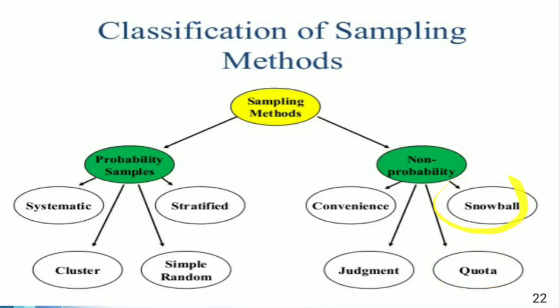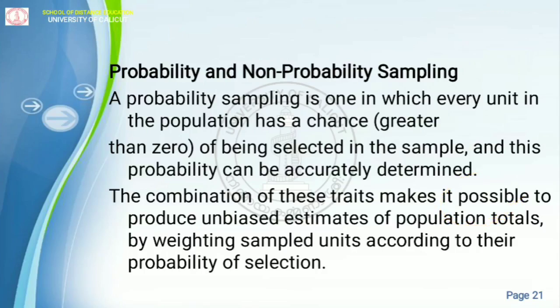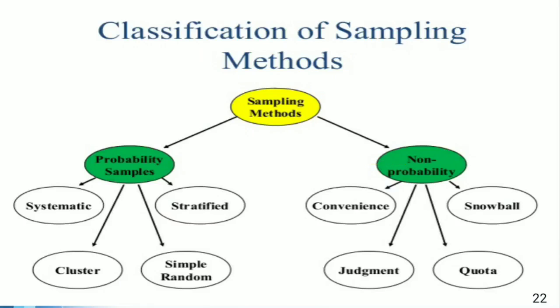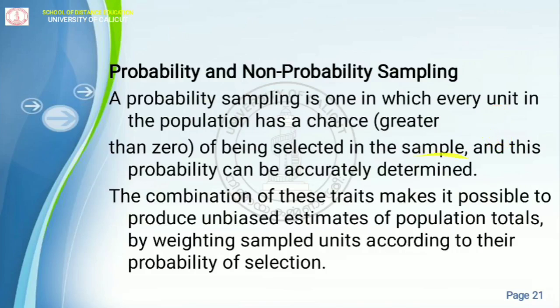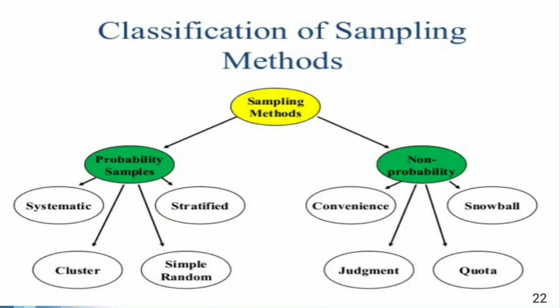And snowball indicates a study where the population is not known. In snowball sampling we will find one or two persons, and those persons may help us to find another person, and the next person will help us to find another person.